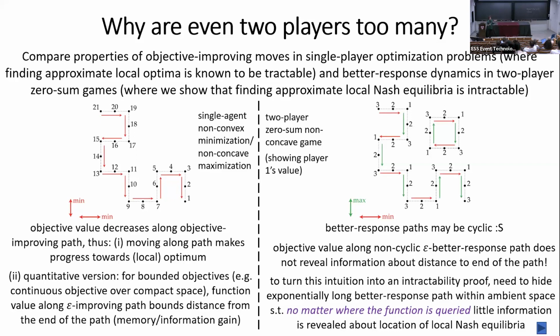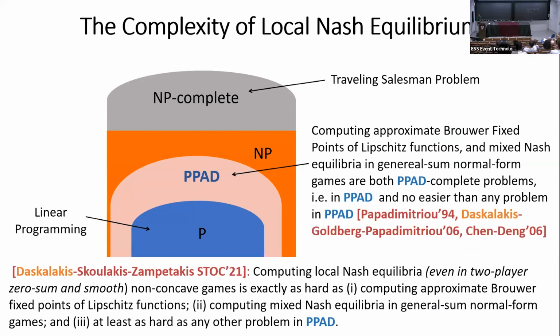The only way I know how to do it is to go through all this PPAD machinery I was mentioning before. And if you're interested, after my talk, I can tell you a little bit about this machinery. But this is basically why two players are too many. Okay.